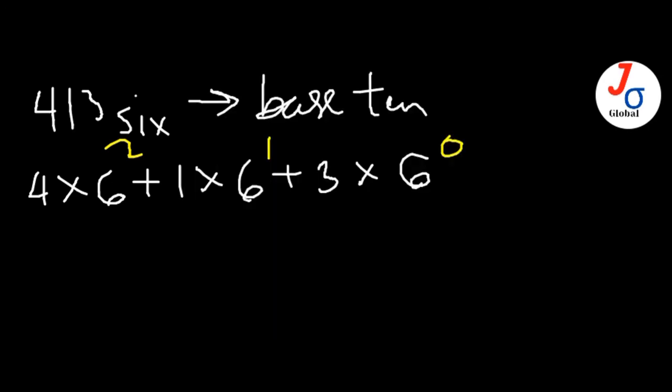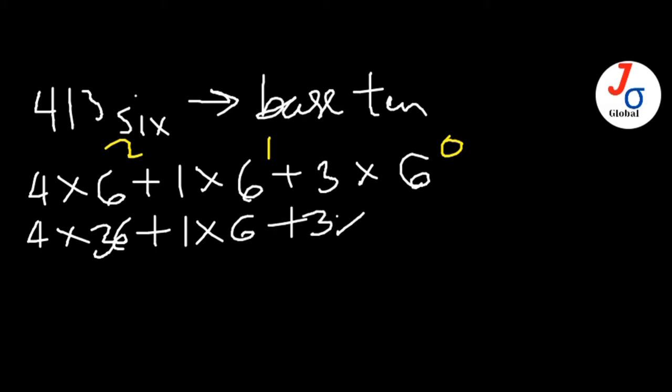Then the next step is to evaluate that. And so you have 4 times 6 to the power of 2, which is 36, plus 6 to the power of 1, which is 6, plus 3 times 6 to the power of 0, which is 1.